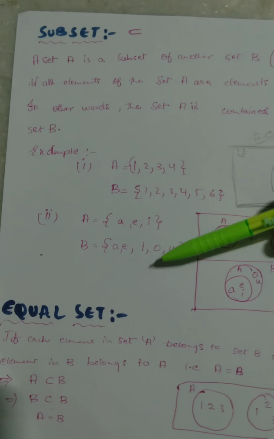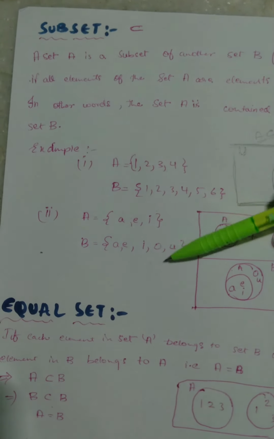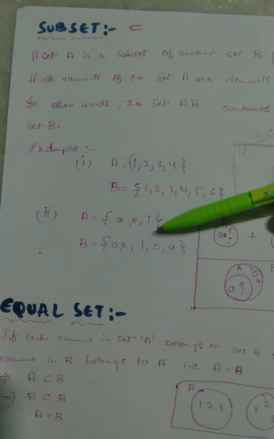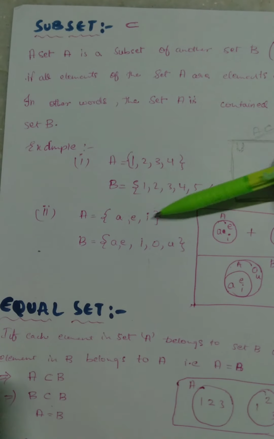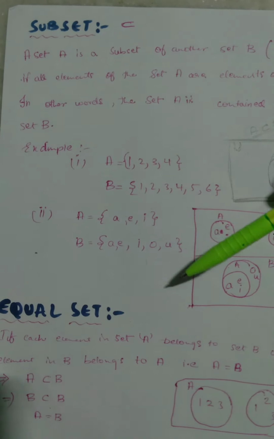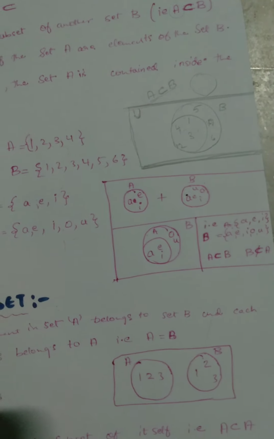But is it possible that B is contained in A? Are all the elements of B contained in A, so that we can say B is a subset of A?